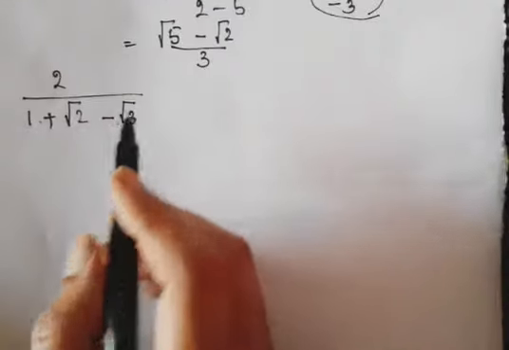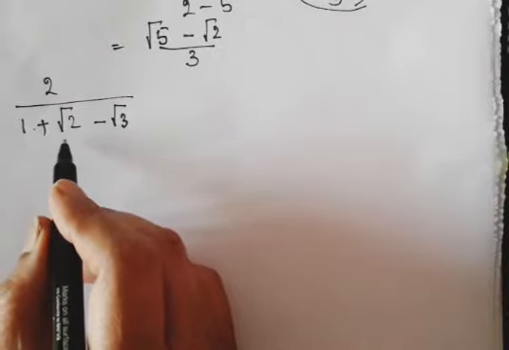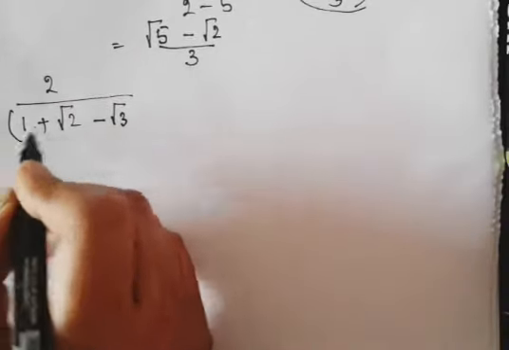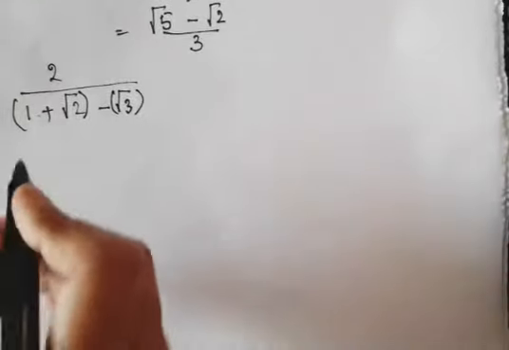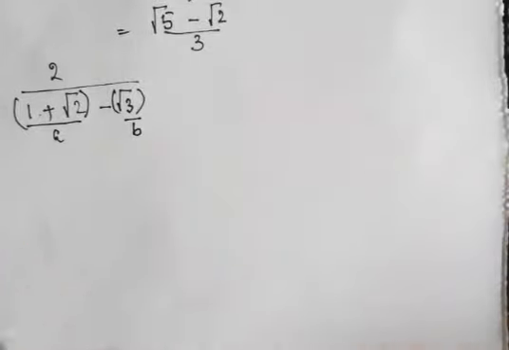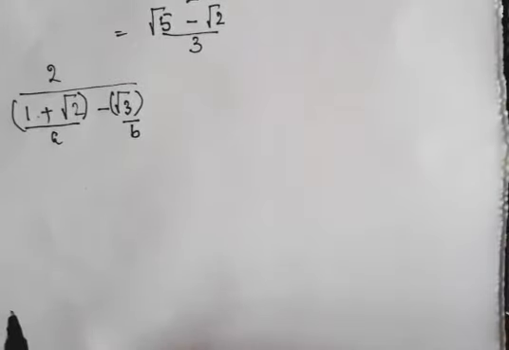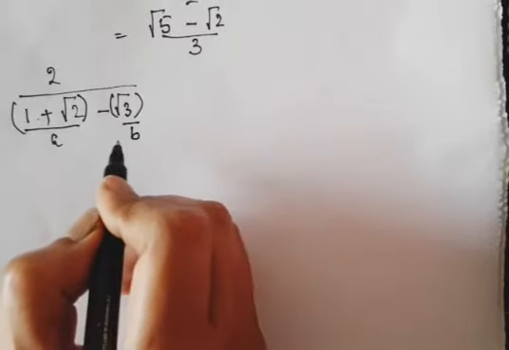So how can you put it in a plus b or a minus b form? Let us put it inside the bracket like this. Now if this is your a, this is your b. This is a plus b, so we multiply a minus b.